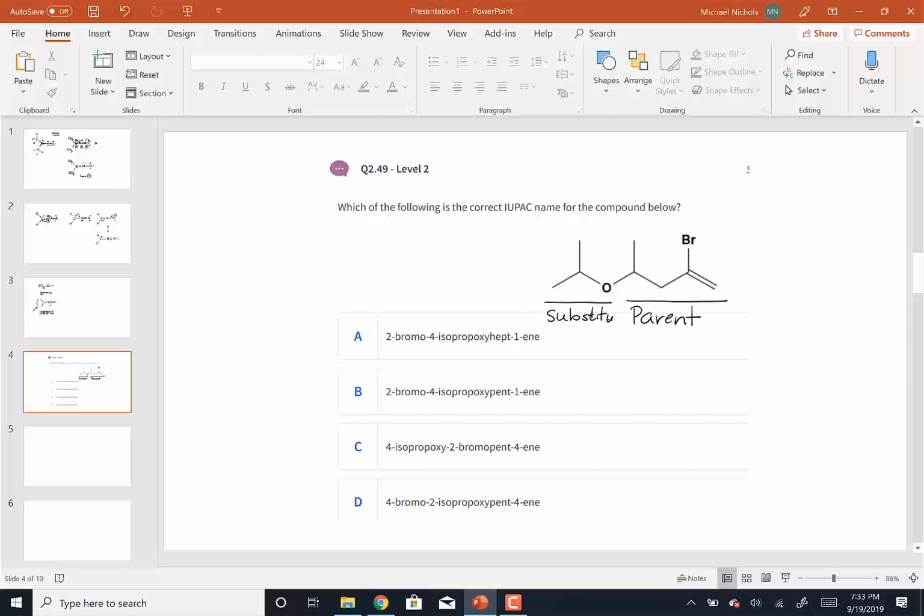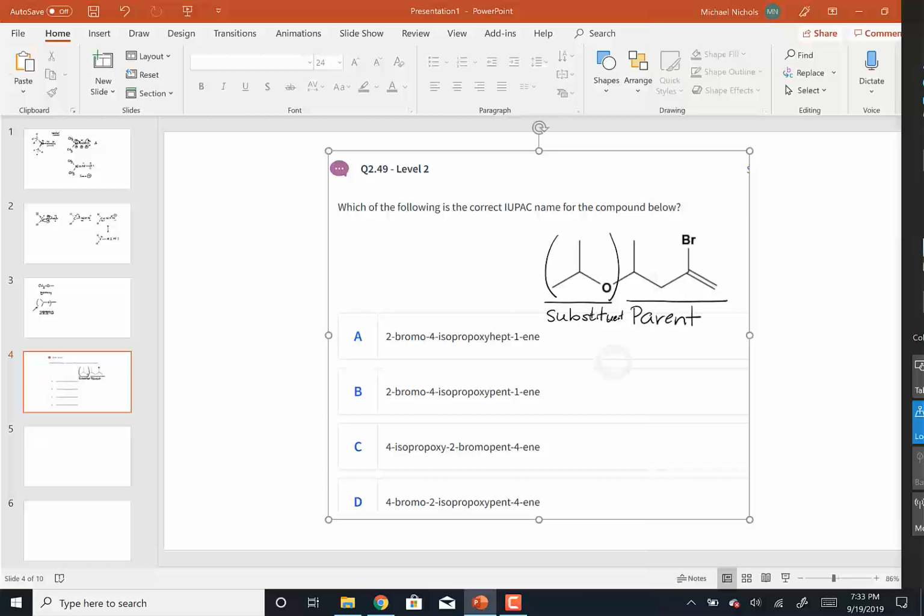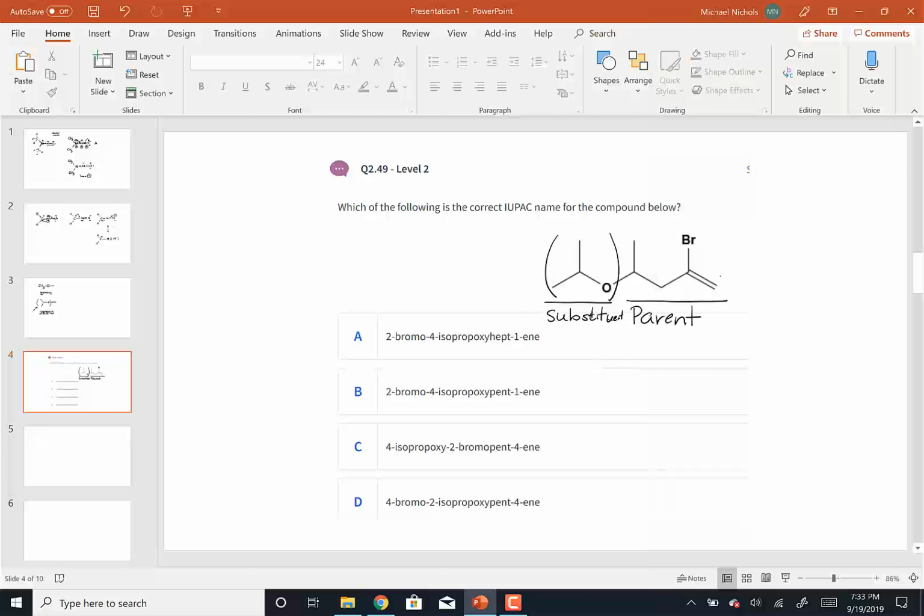So this group is going to be nothing more than a substituent onto this being the longest continuous carbon chain. So what kind of alkoxy group is this?